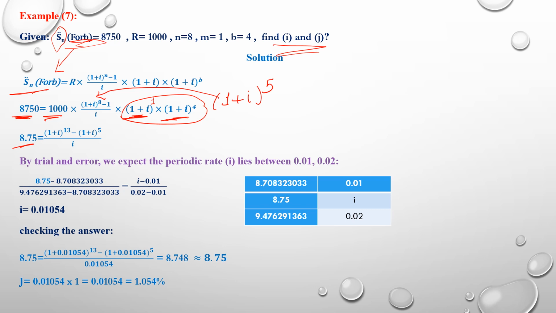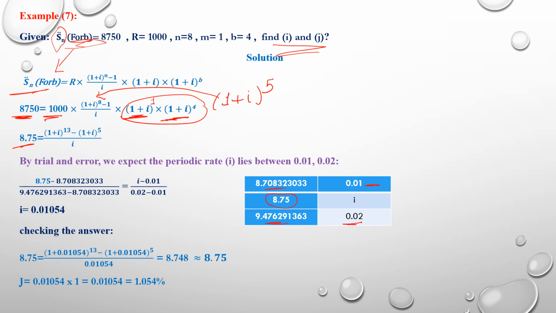By using the trial and error method to expect the periodic rate I, we can say that it may lie between 1% and 2%. By substituting with 1% once, we get this amount, and by substituting with 2%, we get this amount. You can see here that 8.75 lies between these two values.